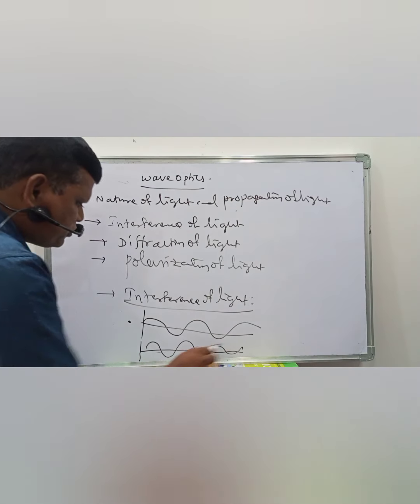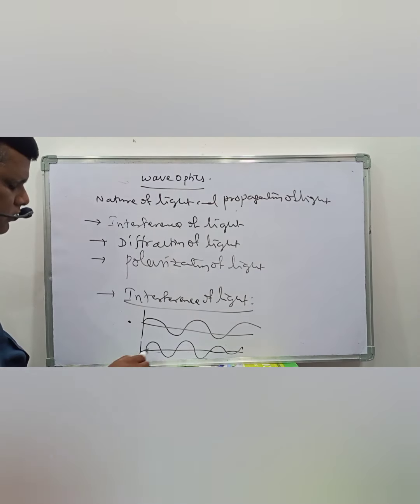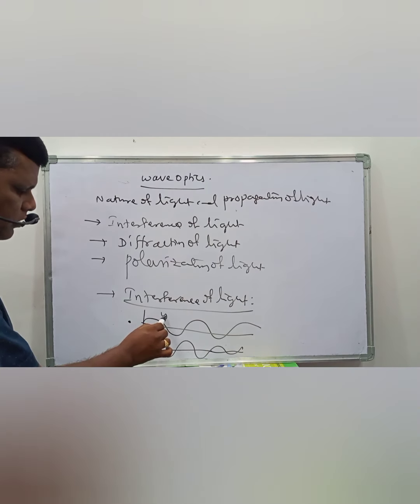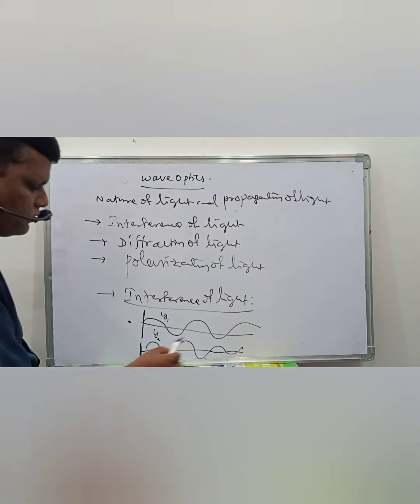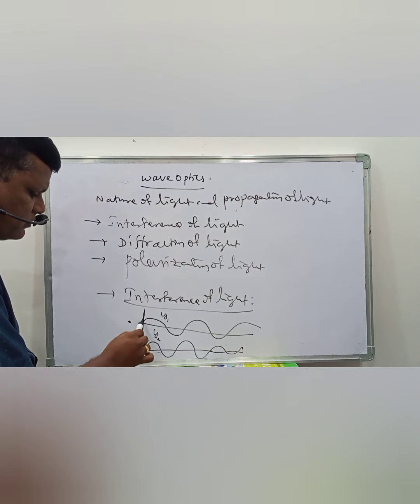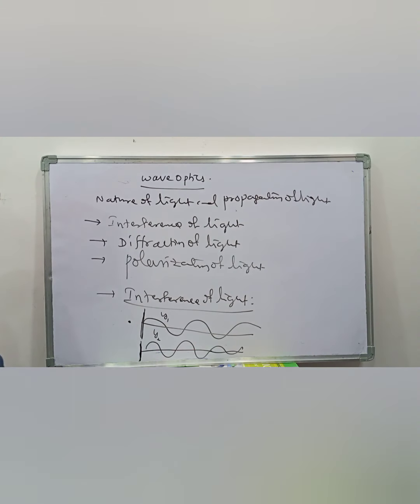The superimposition of two waves is called interference of light. When two waves originate from the source or from different sources, they superimpose at any point.